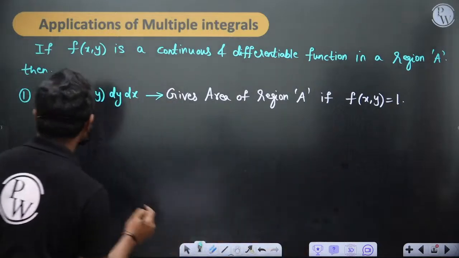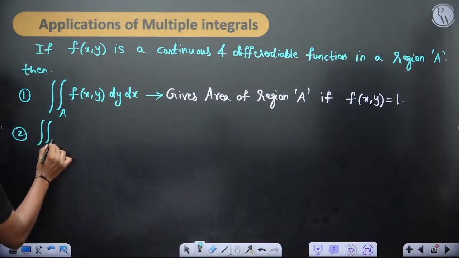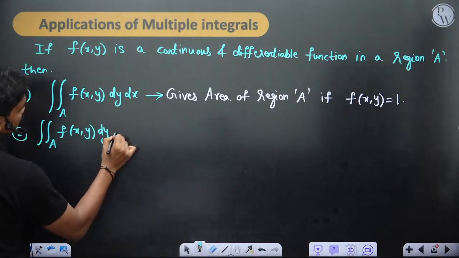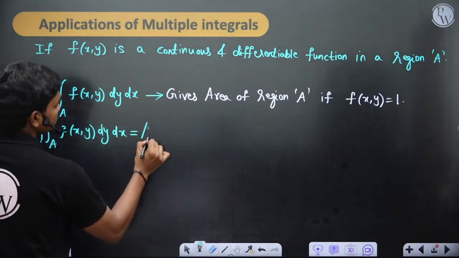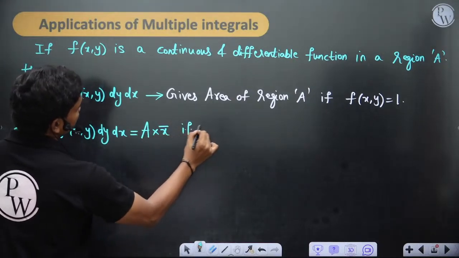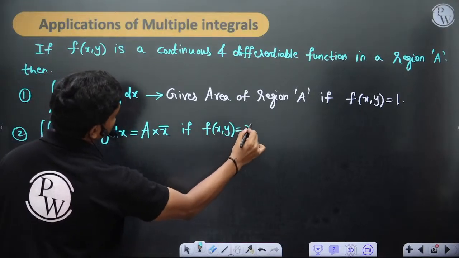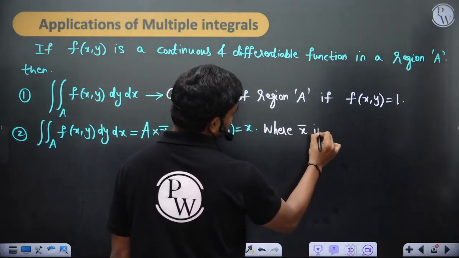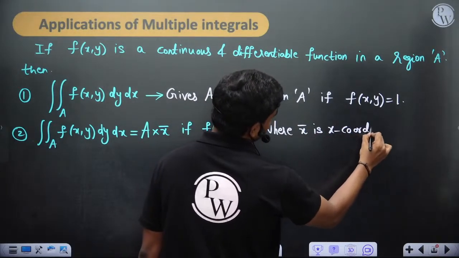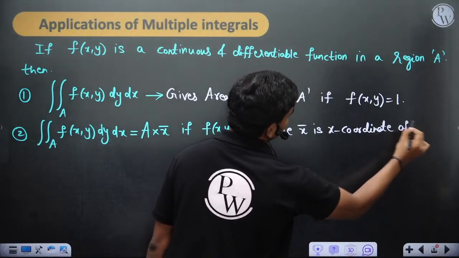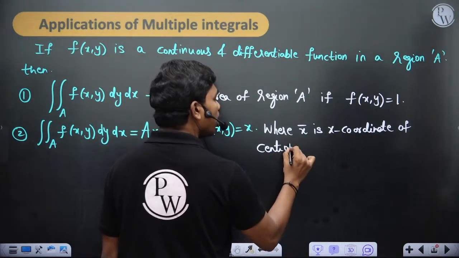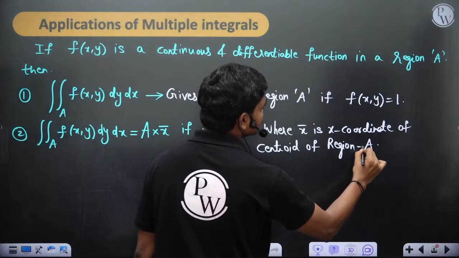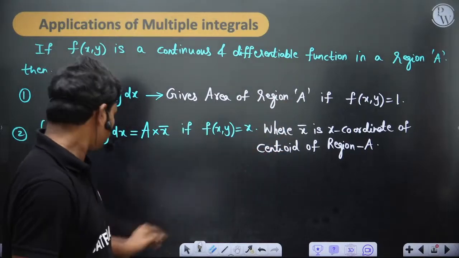Second, point number 2, integral over A of f of x comma y dy dx is equal to area into x bar if f of x comma y is equal to x, where x bar is the x coordinate of the centroid of region A. In fact, in last class I showed you an example by taking a triangle which we solved, since I have the notes here.